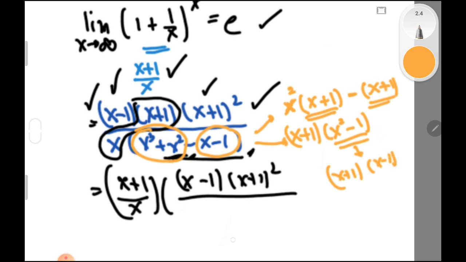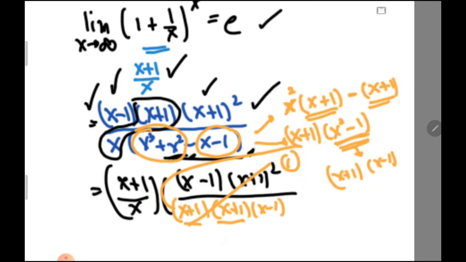So copy ko lang to. Multiplied by, itong factor nito, (x plus 1) multiplied by (x minus 1). Okay? So from this, (x plus 1) multiplied by (x plus 1) is equal to (x plus 1) squared. And also, (x minus 1) divided by (x minus 1) is equal to 1.